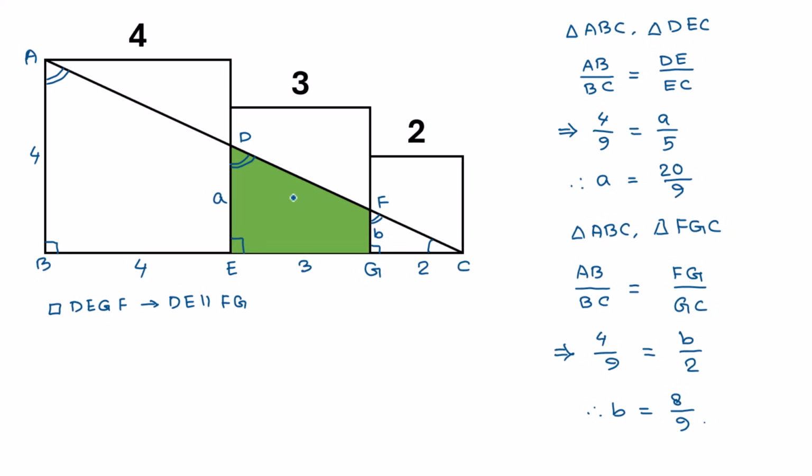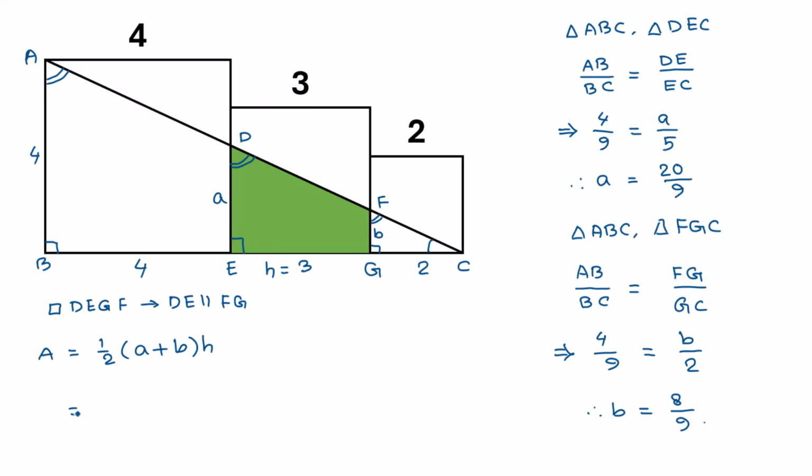So the area of this trapezium is equal to half of A plus B times H. This H is the height of this trapezium, which is 3 units.